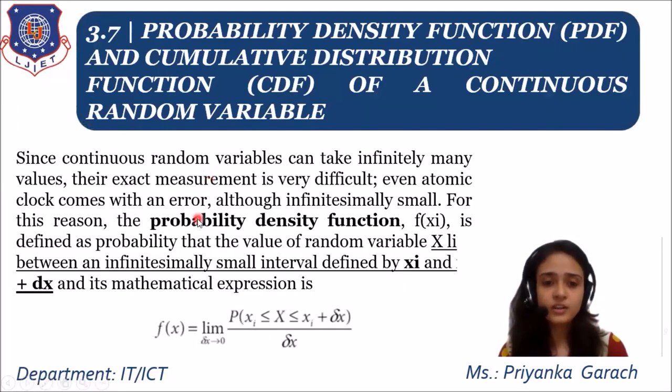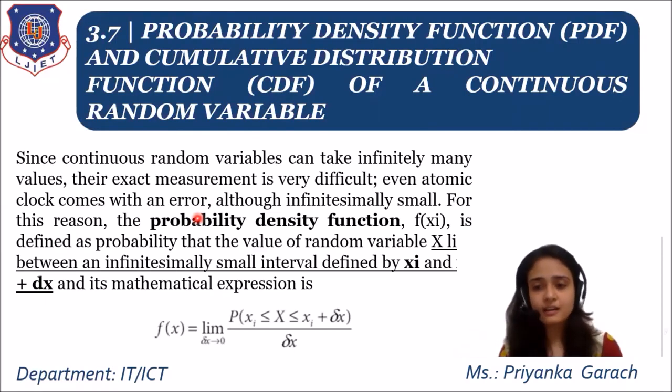Over here, the continuous random variable can take infinitely many values, so their exact measurement is very difficult. Just for an example, atomic clocks also come with an error. That particular error is very small, we can say it is infinitesimally small.